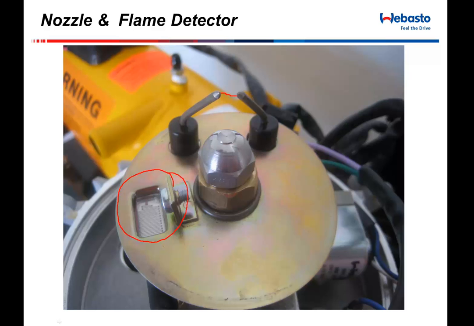If for some reason it does not see any light, it will only let that magnetic solenoid stay open for about 20 more seconds before it shuts it back down. So it's the internal part that is monitoring the flame and saying, either yes, I am working, or no, I'm not working.